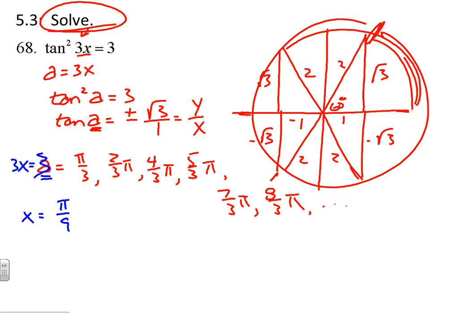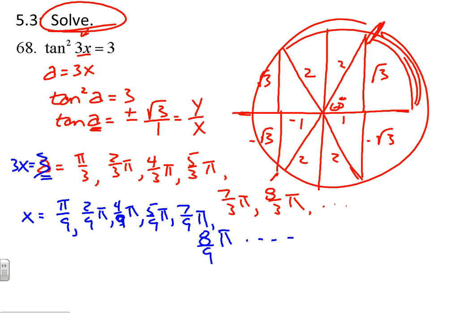And I get solutions of pi on 9, 2/9 pi, 4/9 pi, excuse me, 5/9 pi, 7/9 pi, that figures, and 8/9 pi. And those go on and on and on, truthfully, in both directions.